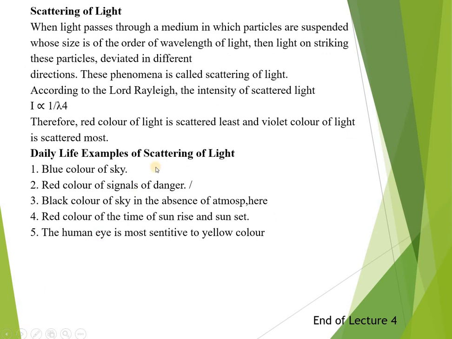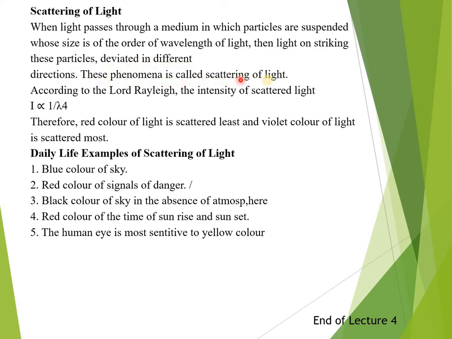One more interesting phenomenon that you have studied in class 10th also, and in class 12th you will study in detail, is scattering of light. When light passes through a medium in which particles exist whose size is of the order of the wavelength of light, then when light strikes these particles, it gets deviated in different directions.